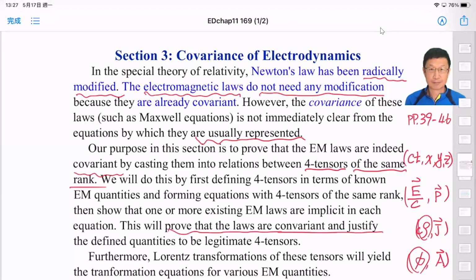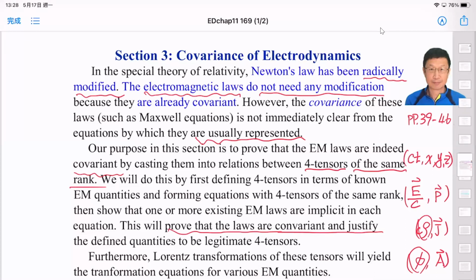Jackson switches to the Gaussian unit starting from chapter 11, so we will change from SI unit to Gaussian unit from now on. I will still write the Gaussian equations for your reference.